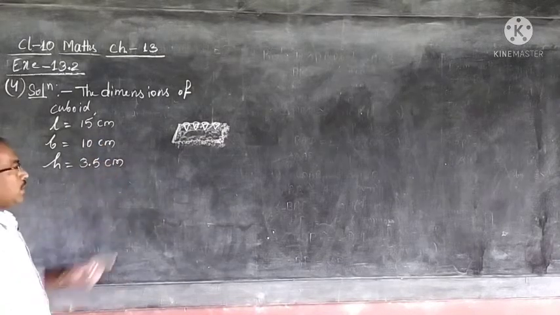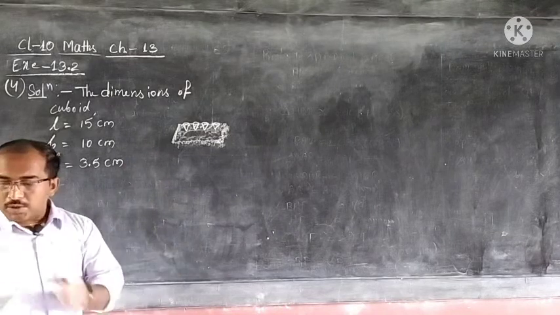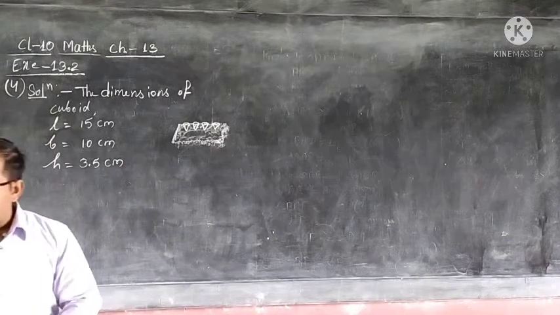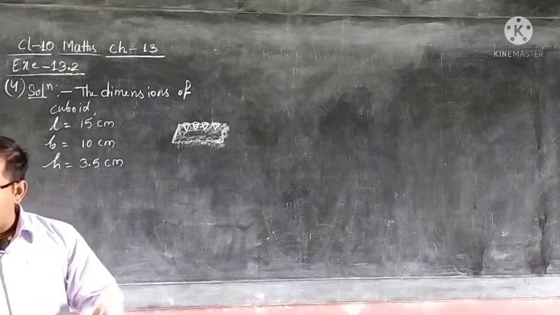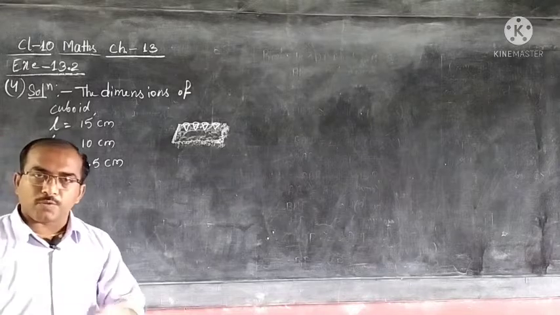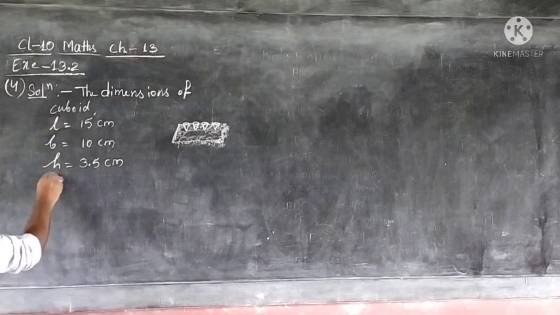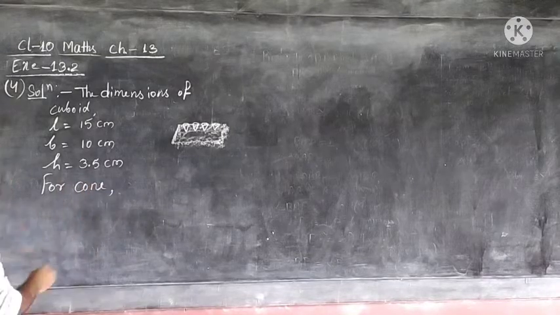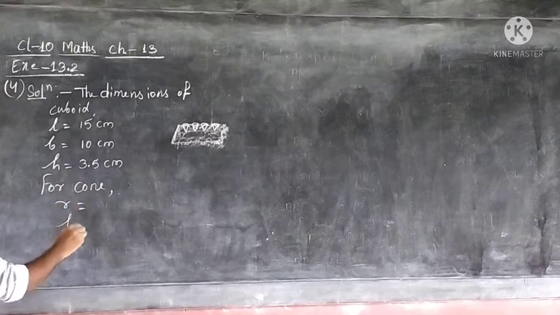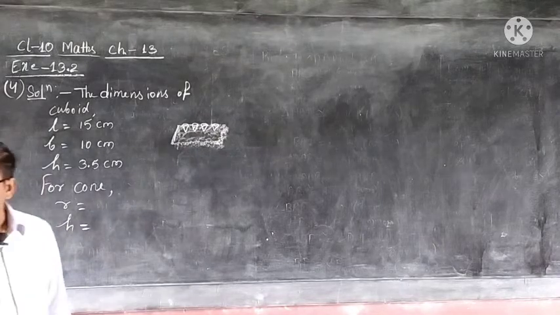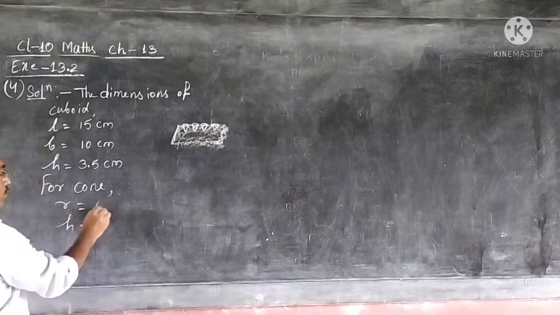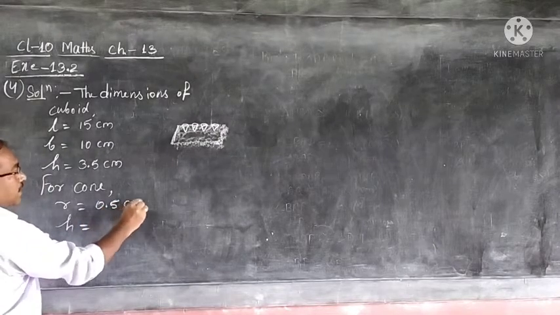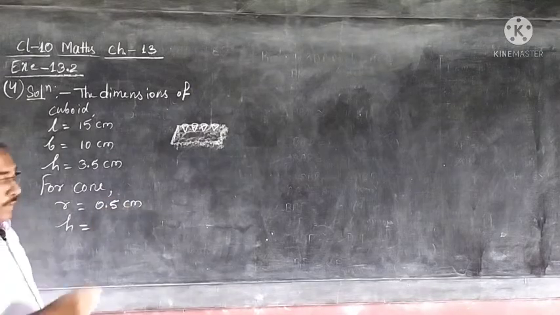Now, let us talk about those conical holes. What is the dimension? The radius of each of the depression is 0.5 centimeter and depth is 1.4 centimeter. So, for conical depression, or just for cone we write in short, radius is mentioned clearly, height is also mentioned. Radius is 0.5 centimeter, and the height is 1.4 centimeter.